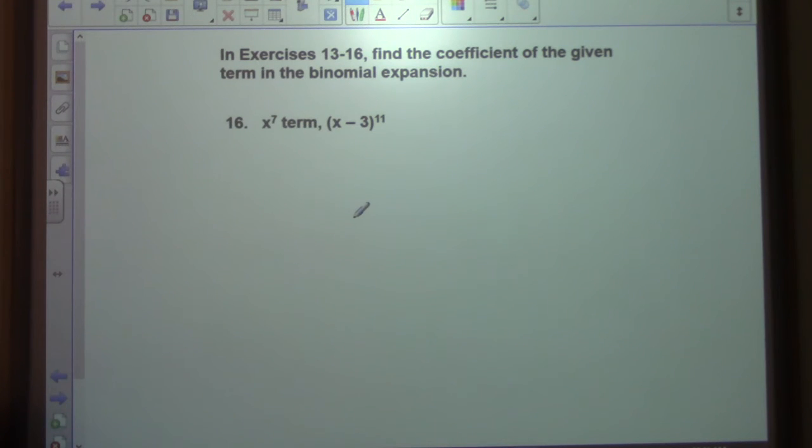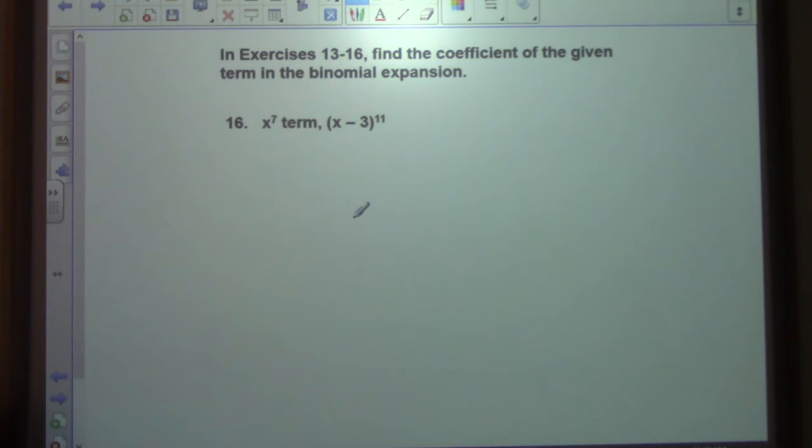Is it 11 or 4? Is it negative, or parentheses, negative first 4? It's times. Yes, parentheses, like that? Yes. So I got 7.